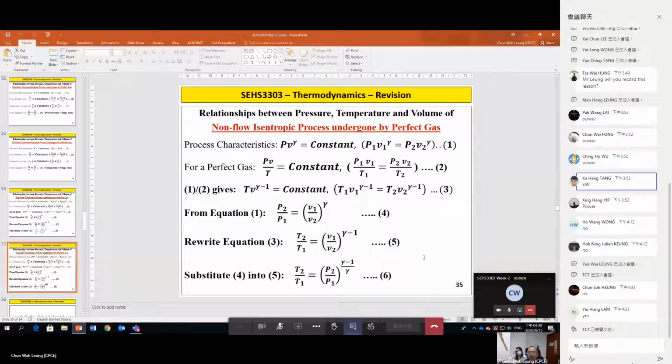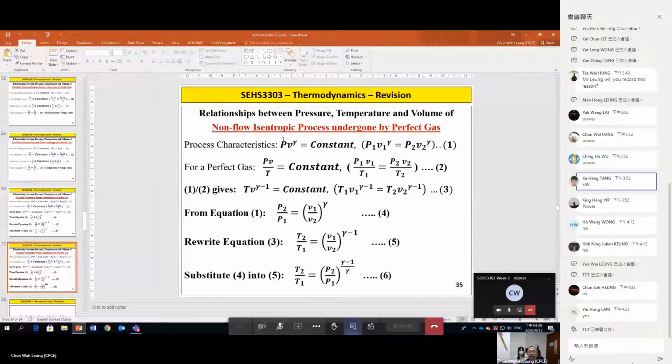Always remember these two equations. The first equation comes from the process. If it is a constant volume process, then volume equals constant. Constant pressure, pressure equals constant. But what is the process characteristic of an isentropic process?